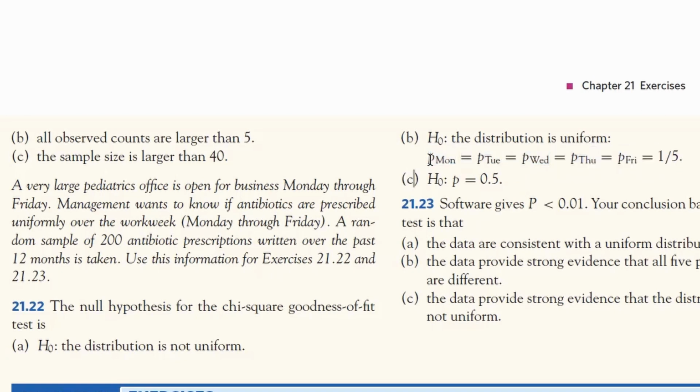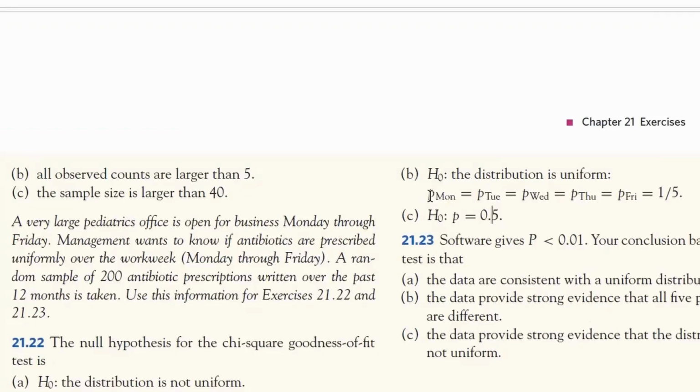Or C, the null hypothesis is that p equals 0.5, like 50-50. And think about it. What do you think? B, right? Makes sense. It's B. Uniform probabilities on all days of the week.